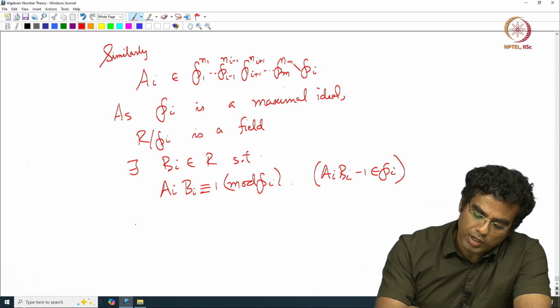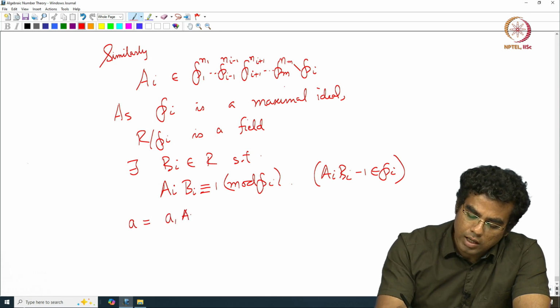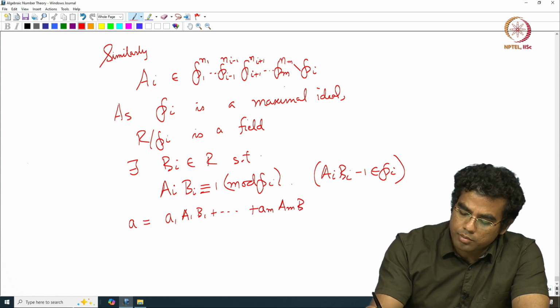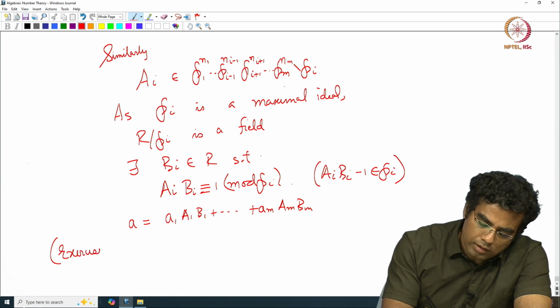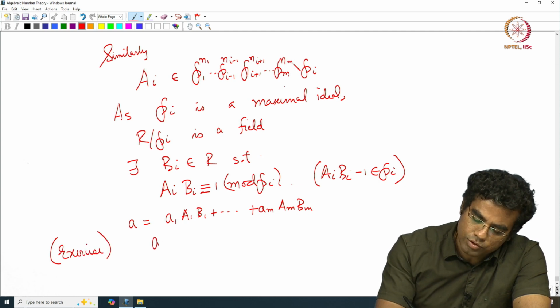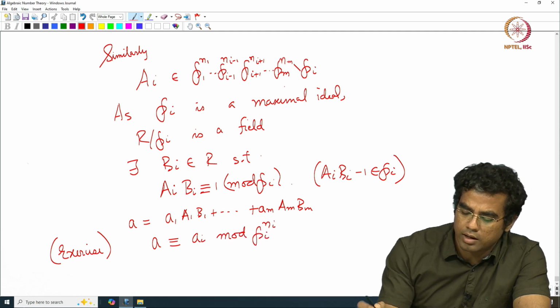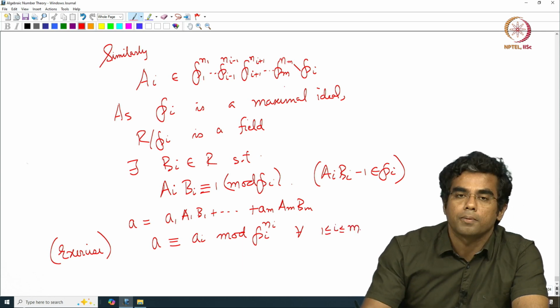Okay. So, what I do now is I let A be A1 B1 and so on up to Am Bm. Okay. And if it is not clear already, then the exercise is to show that A is congruent to Ai modulo pi to the ni for all 1 less than or equal to i less than or equal to m.